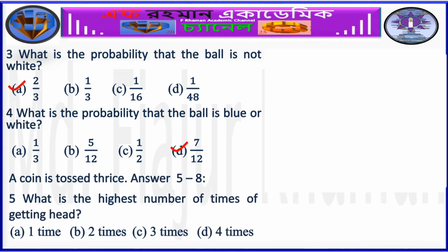A coin is tossed thrice. Answer 5 to 8. MCQ 5. What is the highest number of times of getting heads?